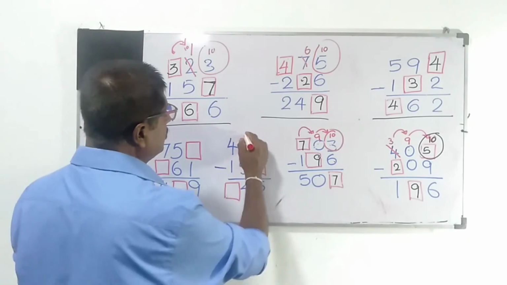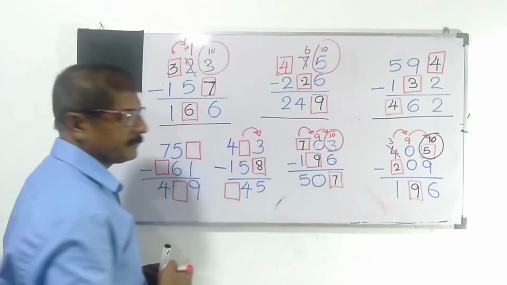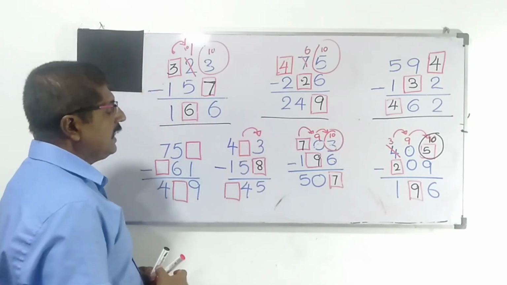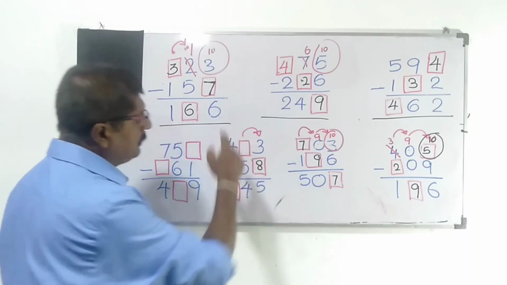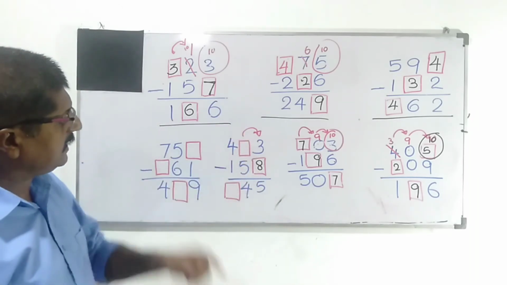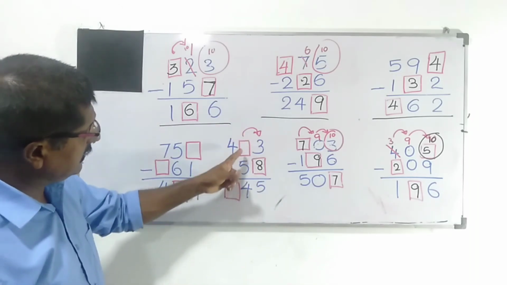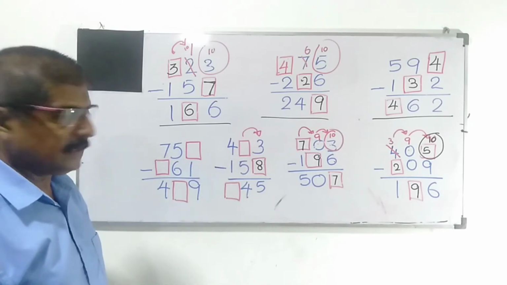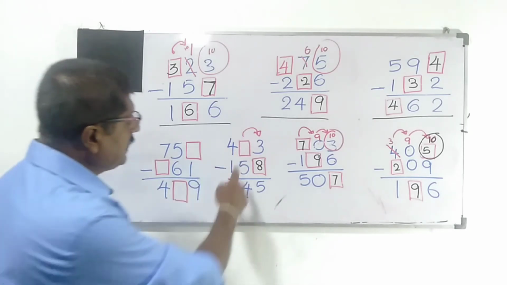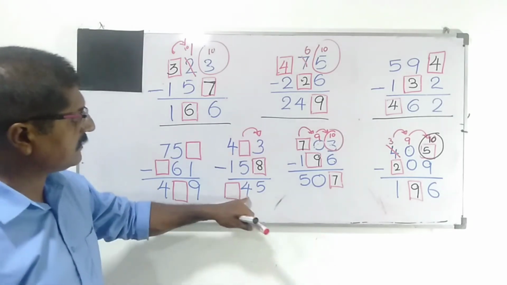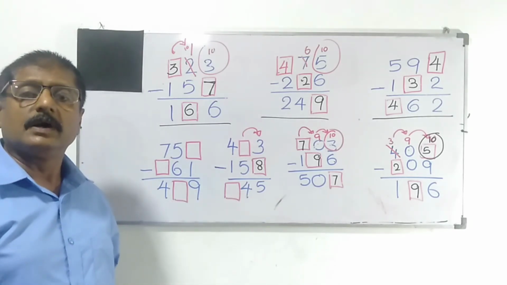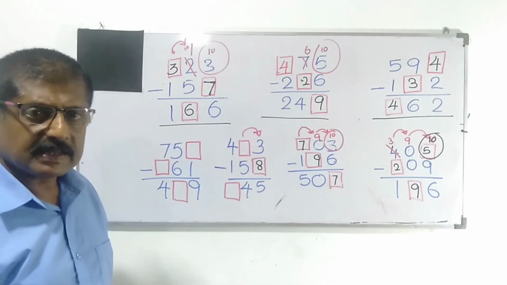Then 1 has gone to the other side. Right? Now what is the number that should be in here? That must be 9. Because from the 9 when you subtract 5, the answer is 4. But remember one thing.